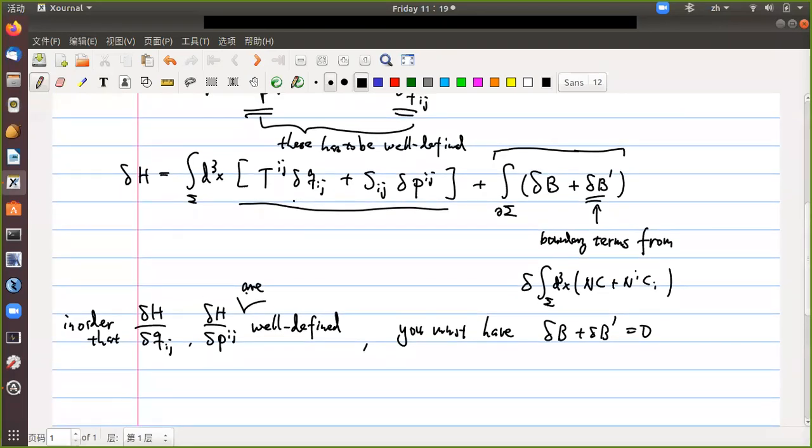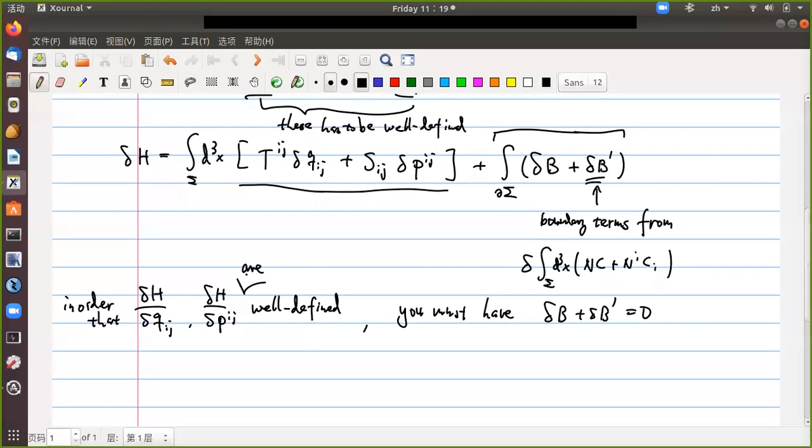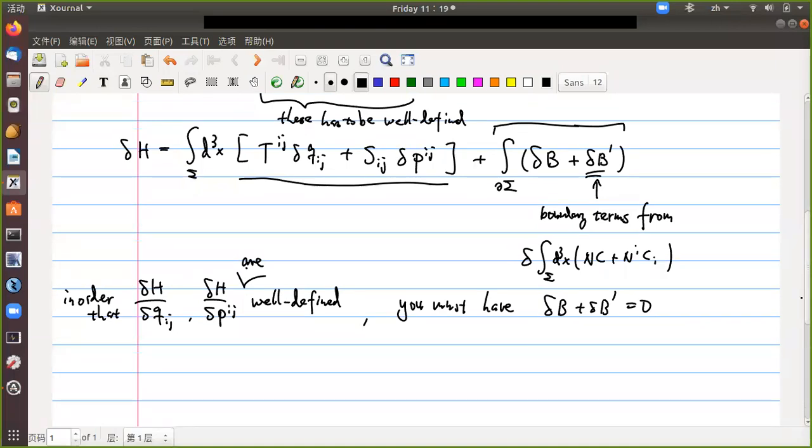In the bulk you get a three-dimensional delta function integrated in 3 dimensions, but on the boundary you get a three-dimensional delta function integrated in 2 dimensions. This is singular. That's the reason why the variation of H is well defined only if all the boundary terms cancel. Remember, that's exactly the argument for the Gibbons-Hawking boundary term.